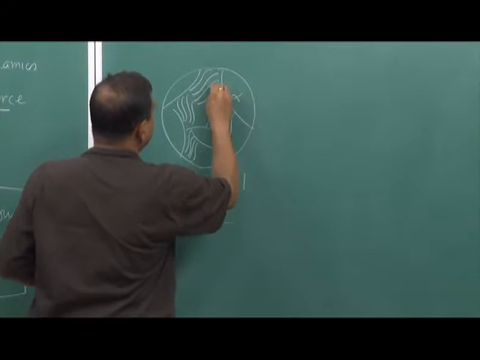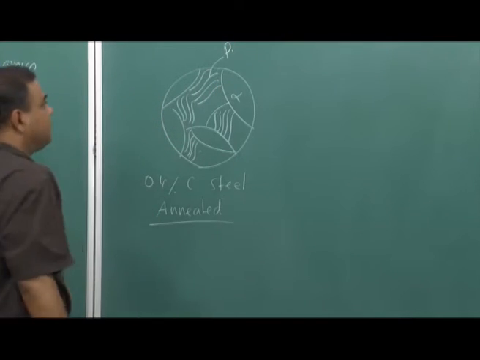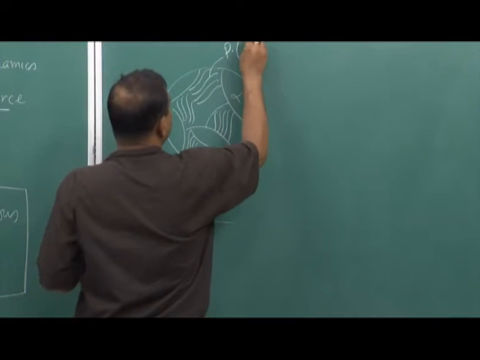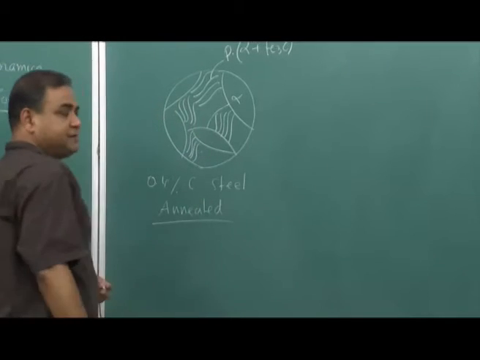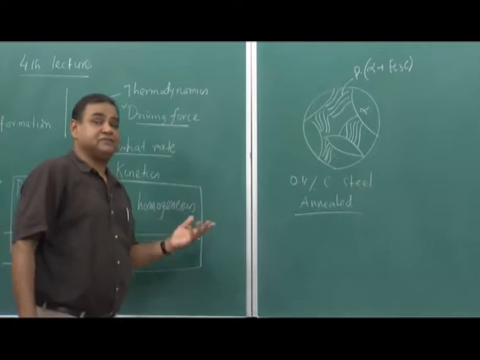So this is alpha, this is perlite, and the perlite is also a mixture of ferrite plus Fe3C, which is cementite. Now, let us see which one is a phase.